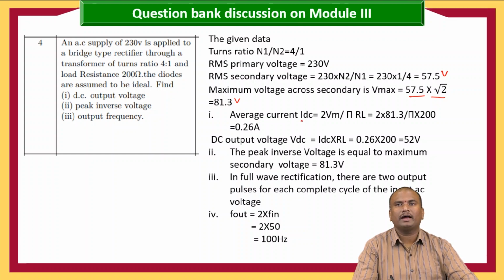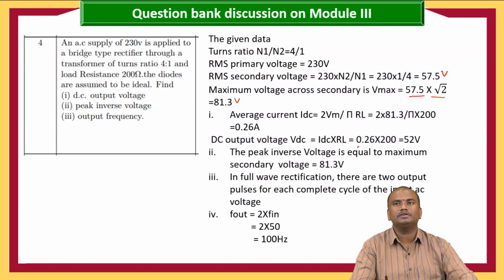The average current IDC is 2 Vm by pi RL, which is 2 into 81.3 by pi into 200, which is 0.26 amperes. The DC output voltage VDC is IDC into RL, which is 0.26 into 200, which is 52 volts. And the peak inverse voltage is equal to the maximum secondary voltage, that is 81.3 volts.